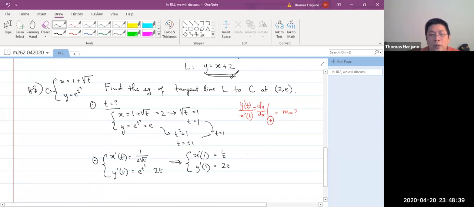Therefore, y prime 1 over x prime 1 equals dy/dx at t equals 1. That's 2e over 1/2, which will be 4e.